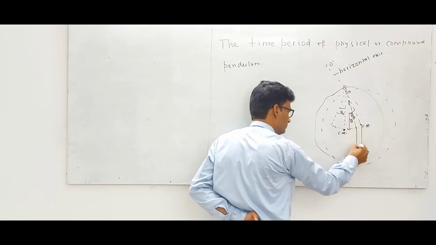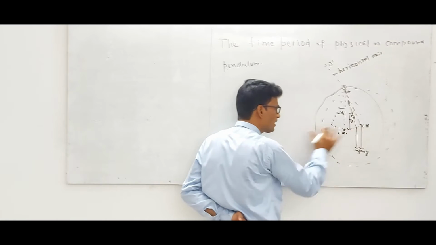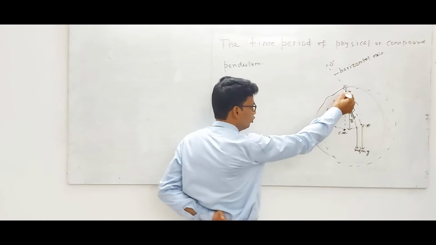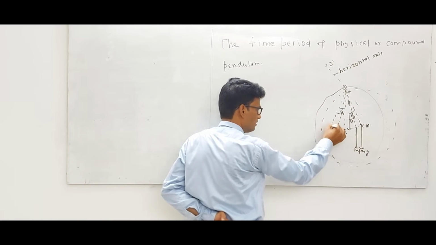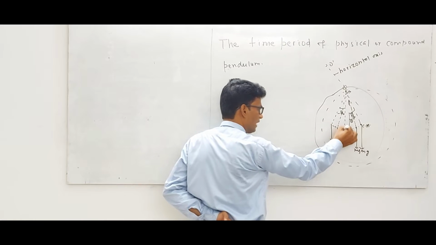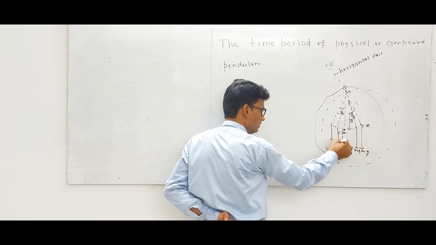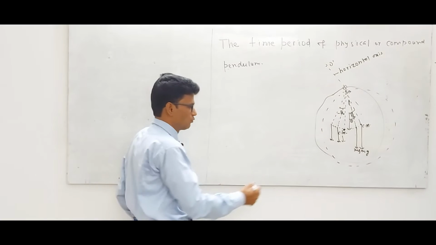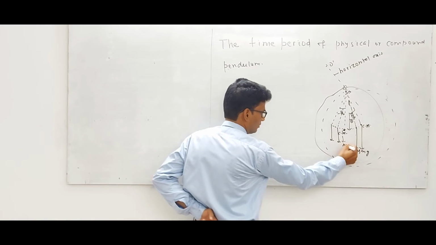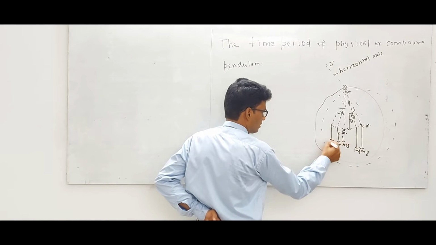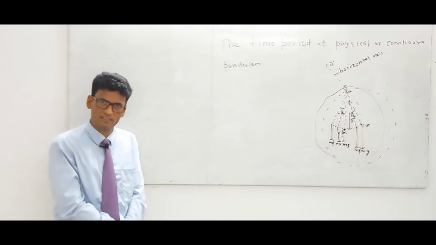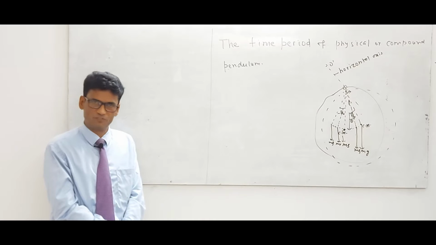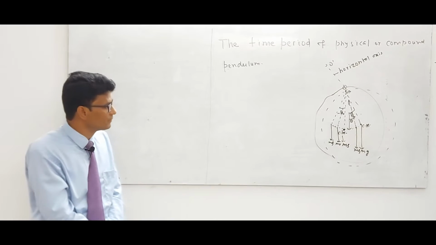No matter where the body is, mg is everywhere at any point in its path vertically down. So this is the very major assumption on which the time period we are going to find.